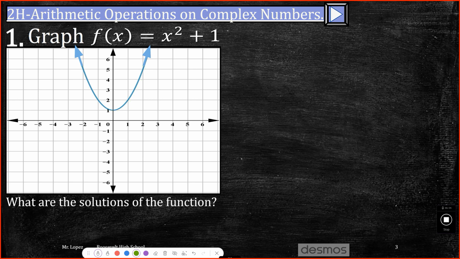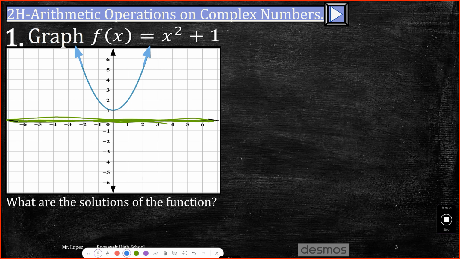So the question is, what are the solutions of this function? And solutions is where it crosses. Even another way of asking sometimes is, what are the roots? So this parabola is going up forever.